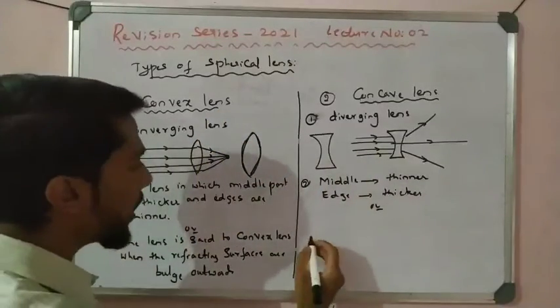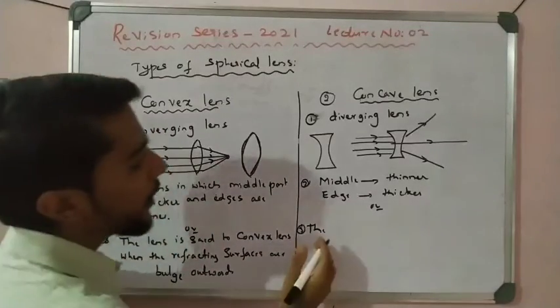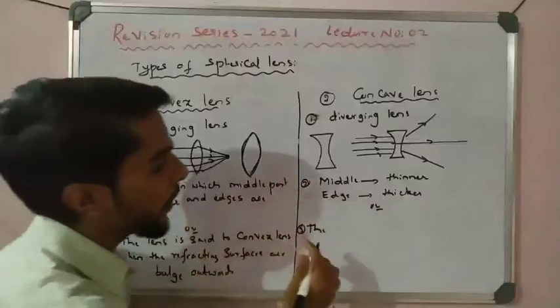Now on this side we can write the third definition. In differences I can make 1, 2 and 3.